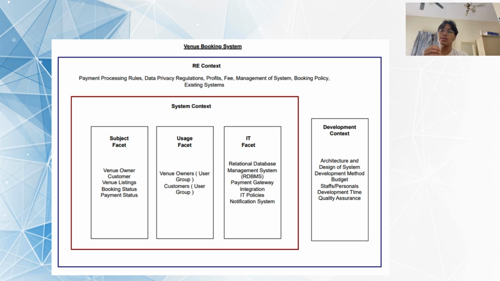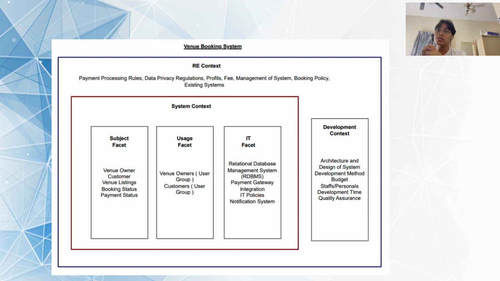For the RE context of the venue booking management system, first, for the RE context object, we have payment processing rules, data privacy regulations, profits, fees, management of the system, booking policies, and existing systems. For the system context, the subject facet includes venue owners, customers, venue listings, booking status, and payment status.